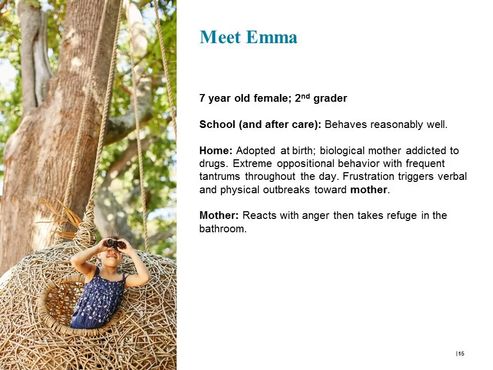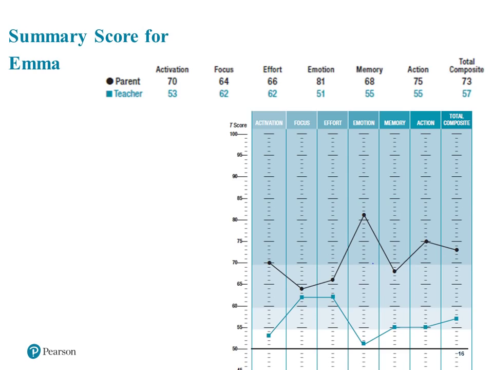So let's take a look at the rating scale. You can see there's a big difference in the overall picture of how this girl is looking at home, that's the black line at the top, and how she's looking at school.